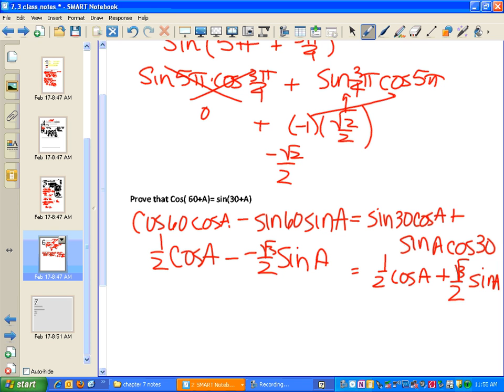So do these equal each other? I have 2 negatives here. Somehow I have 2 negatives. I don't think they equal each other, so this one can't be proven.